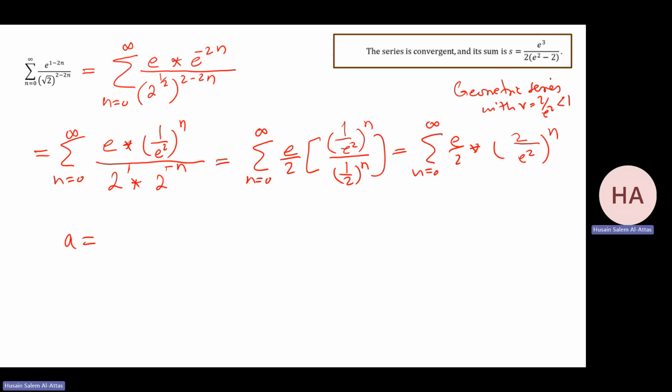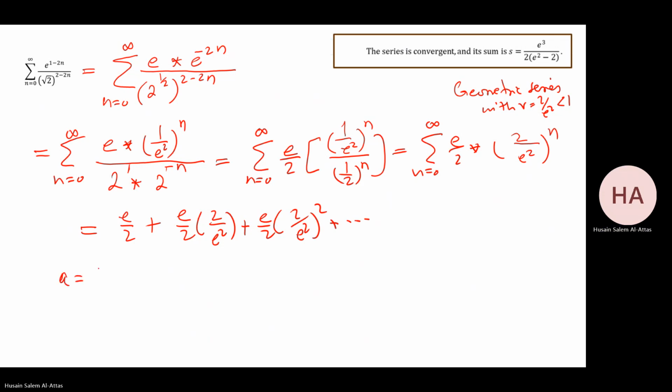If you open it up, at n equals 0 it will be e over 2, plus e over 2 times 2 over e squared, plus e over 2 times 2 over e squared squared, and so on. So a equals e over 2 and r equals 2 over e squared.